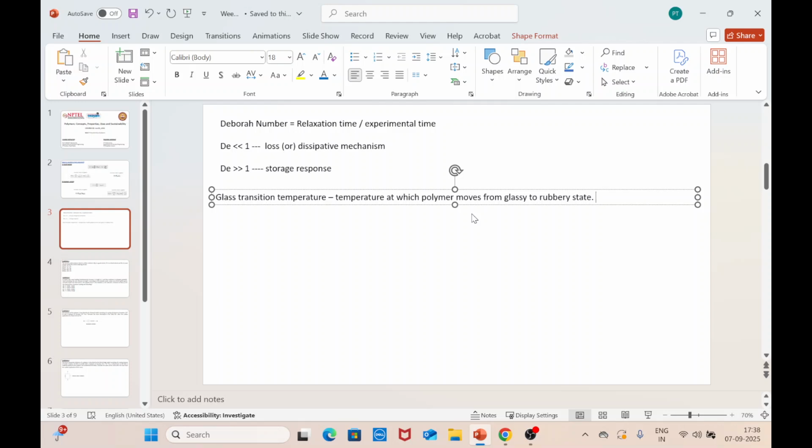So this is the value of Tg. What it also represents is that the material undergoes a transition from a more solid-like state to a liquid-like state, or you can say that the polymer tends to exhibit flow-like behavior.